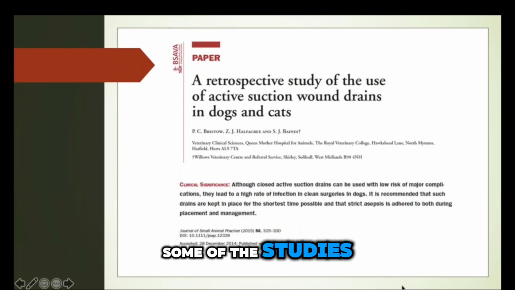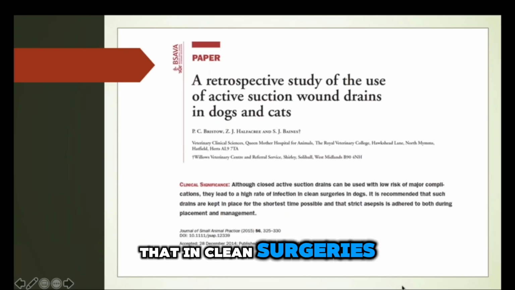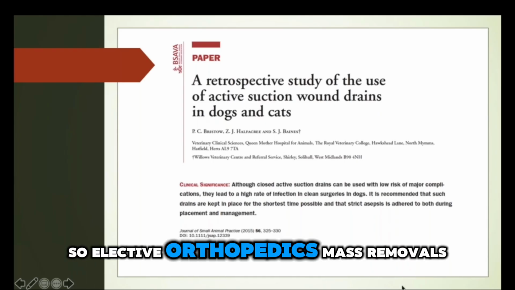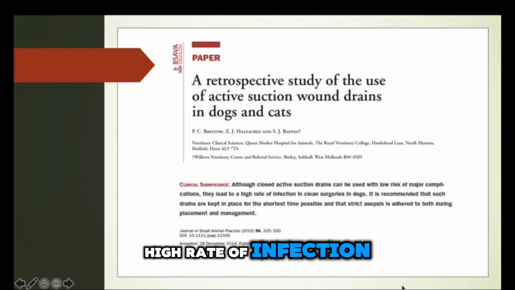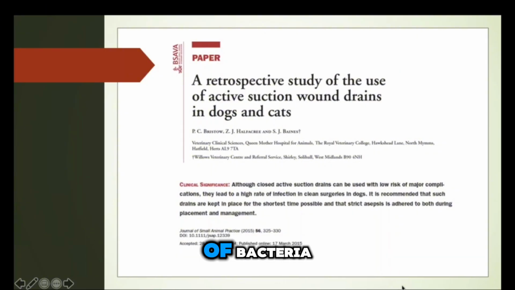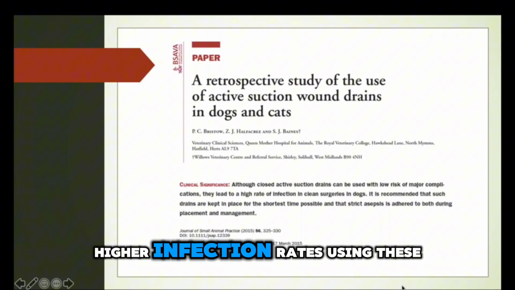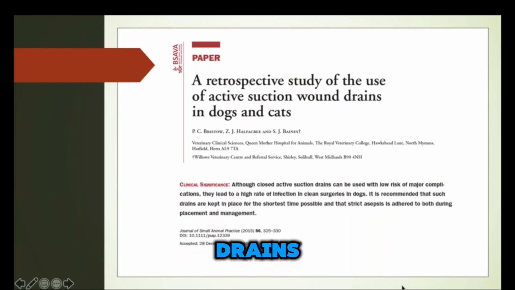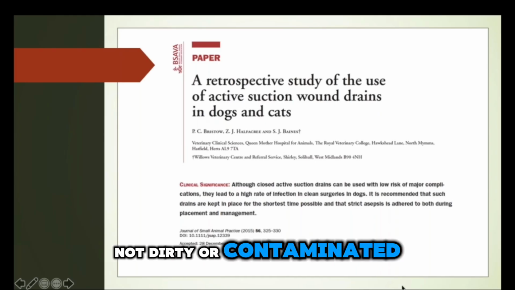So when we look at some of the studies evaluating active suction wound drains in dogs and cats, this is where we find that in clean surgeries, so elective orthopedics, mass removals, these drains induce a very high rate of infection, which makes a lot of sense. You're taking a completely clean wound and you're reducing the number of bacteria that are needed to cause an infection by 10,000-fold. No wonder we're going to see higher infection rates using these drains in clean surgeries, not clean-contaminated, not dirty or contaminated.